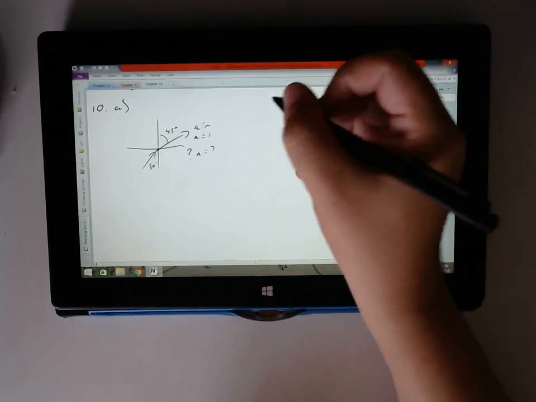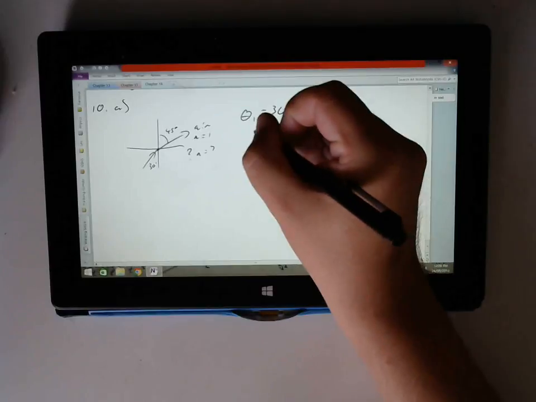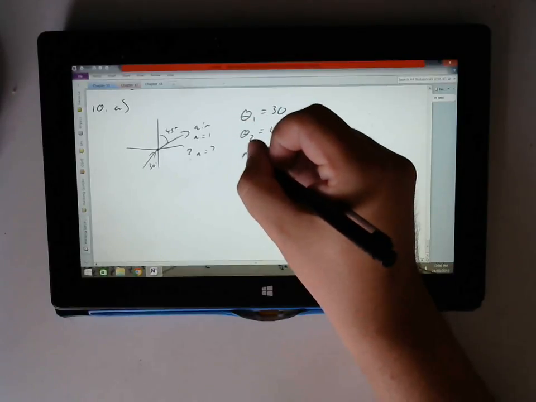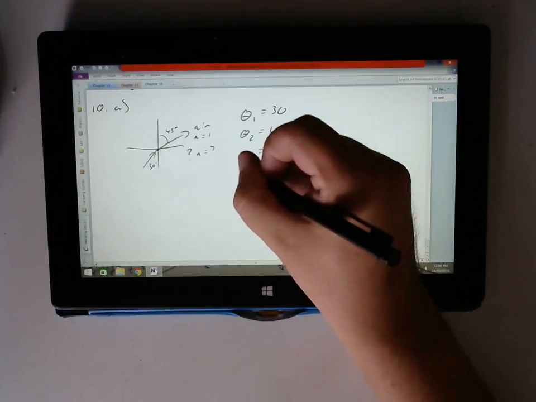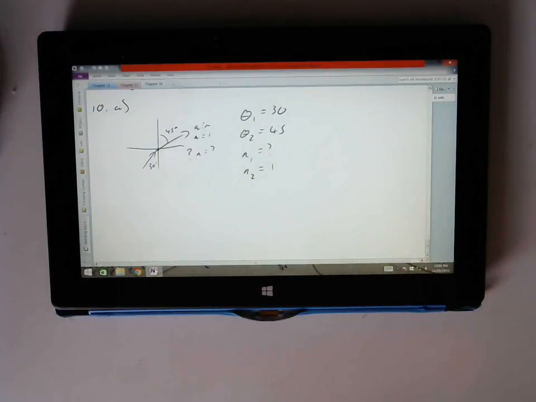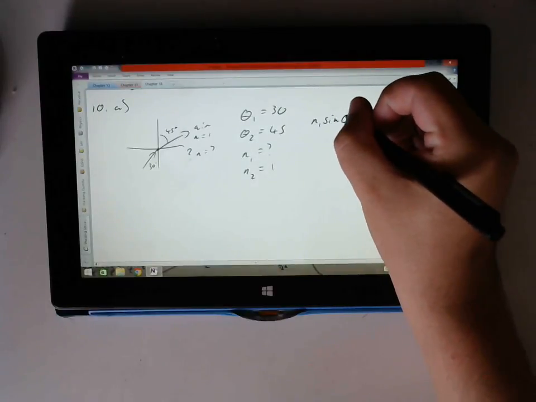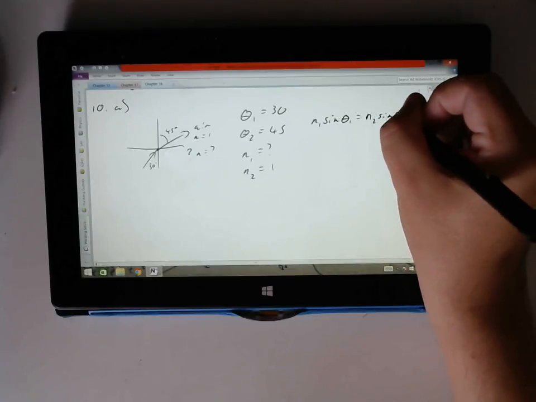So let's list off what we've got. Incident angle equals 30, refracted angle equals 45, initial material equals not sure, secondary material equals air. This is Snell's law: n1 sine theta 1 equals n2 sine theta 2.